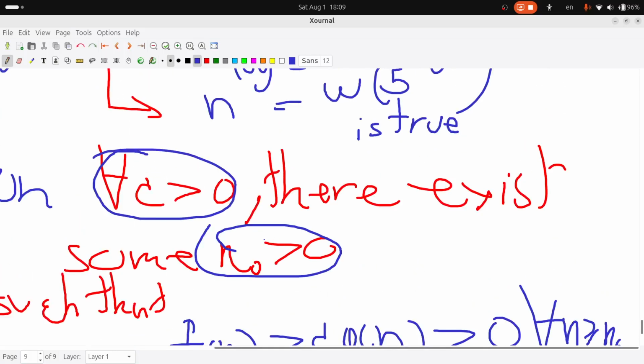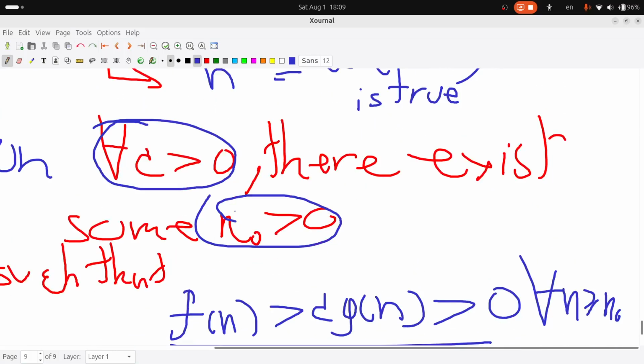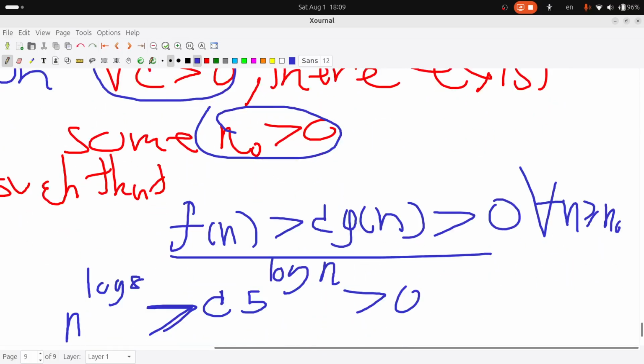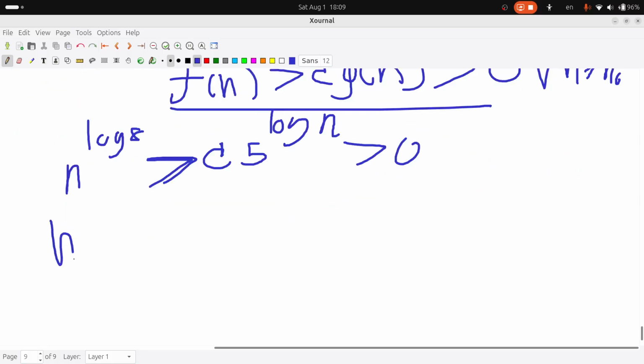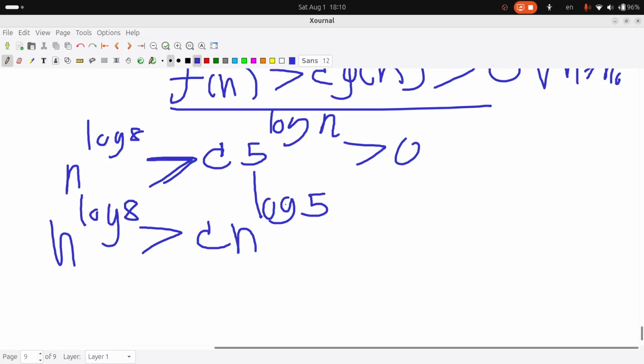There exists some starting point that makes this inequality true. So what we can do is rephrase this as n of log n is greater than c n log 5, right?